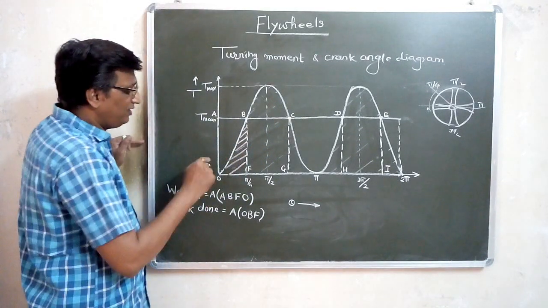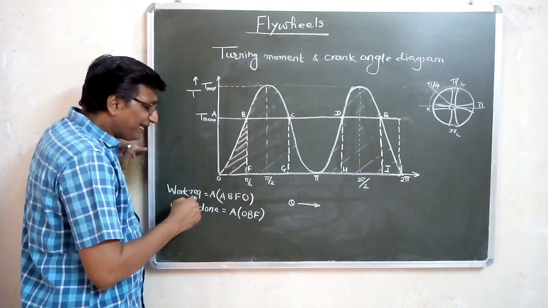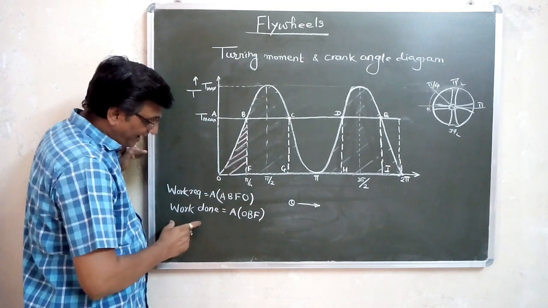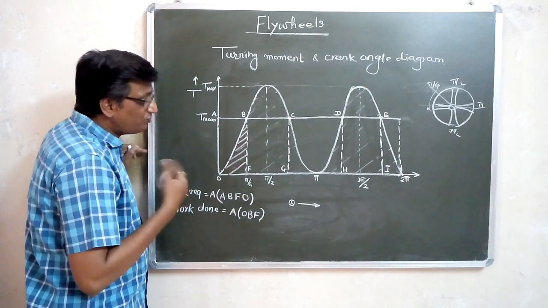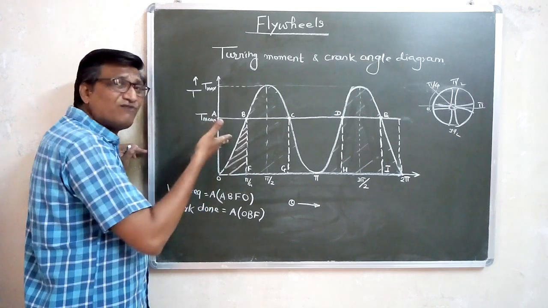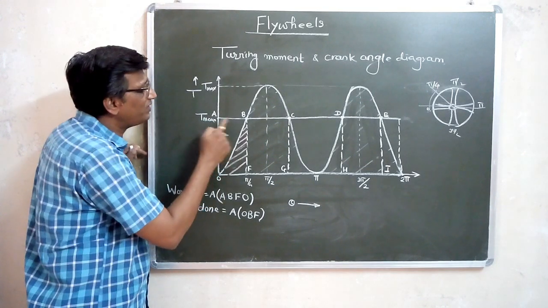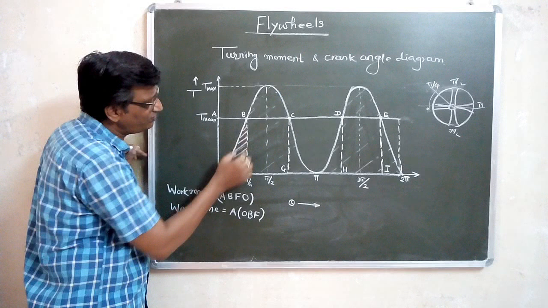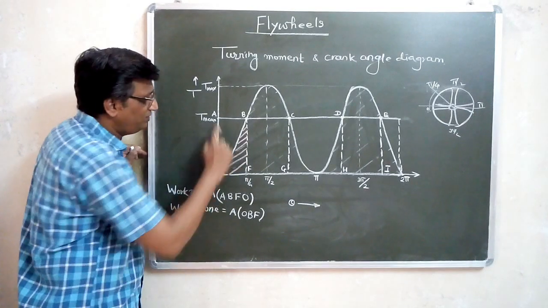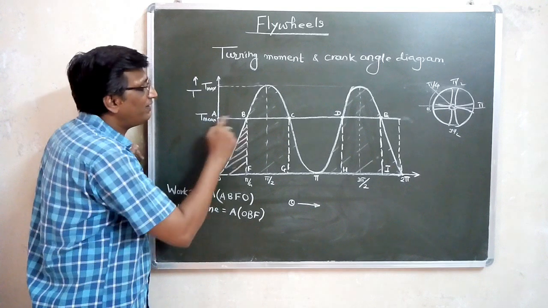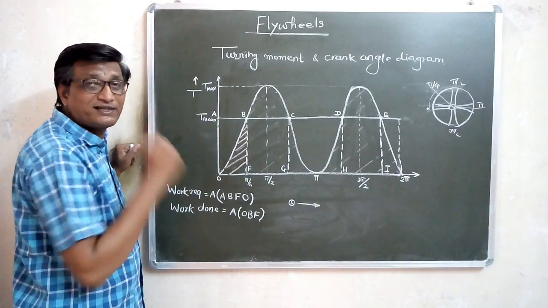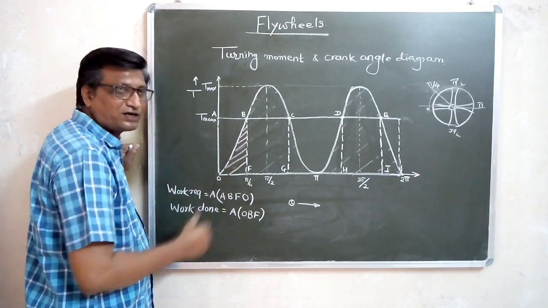It means the work required is more than the work done by the engine. So you have to supply work here, because the total work is required but only this much work is done. That means you require this much extra work. Who will provide that work? The flywheel will provide that work.